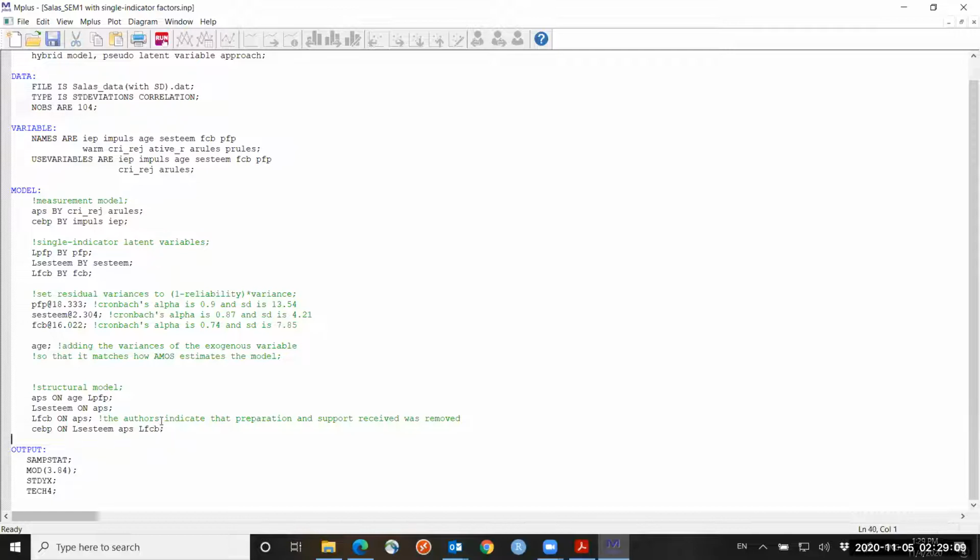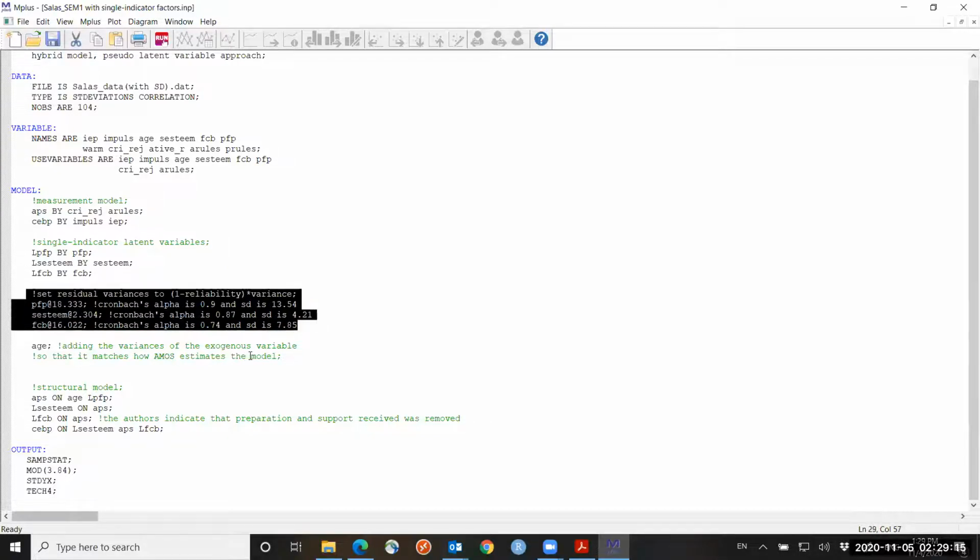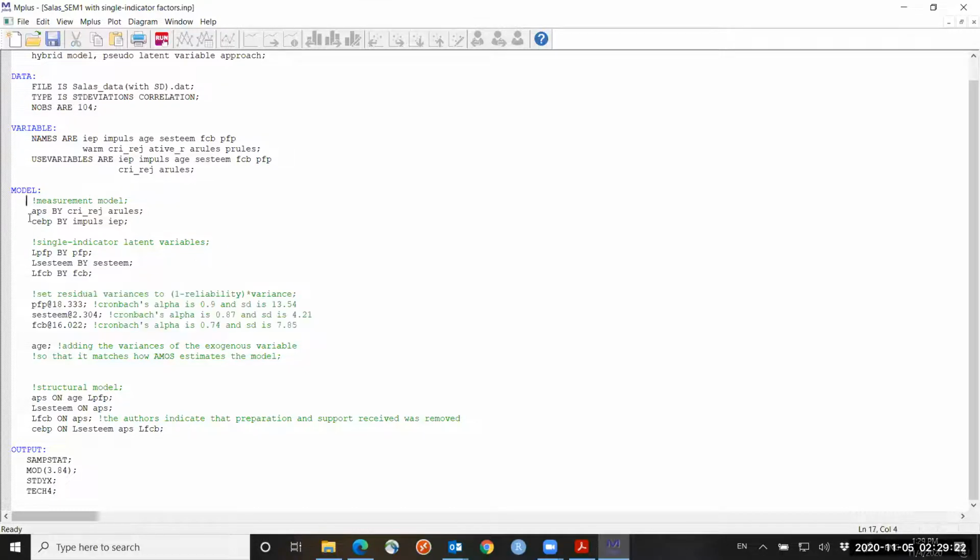So the model is the same as before, except that for these three variables, I used the reliability to adjust them for measurement error. Because of this, the model will have exactly the same degrees of freedom and exactly the same fit as the original model.